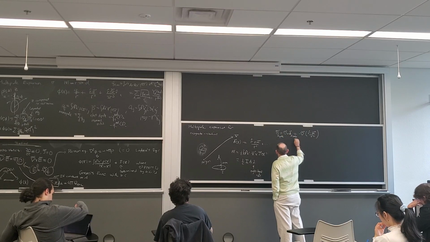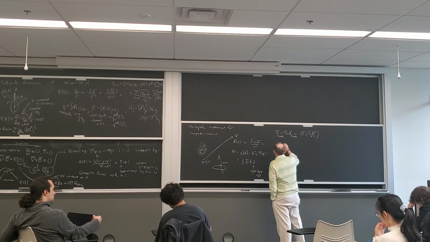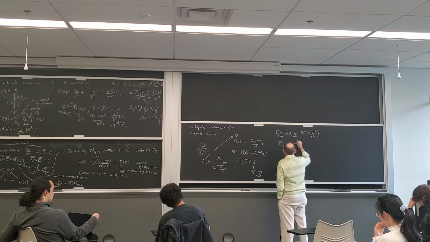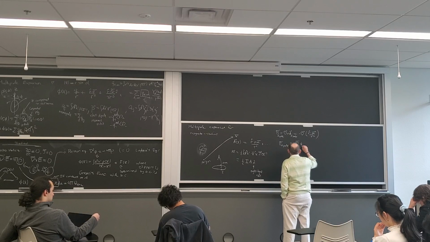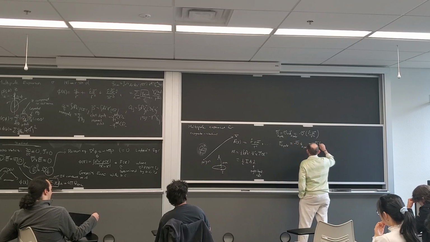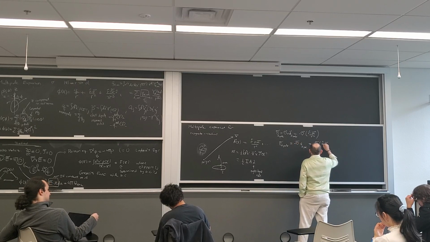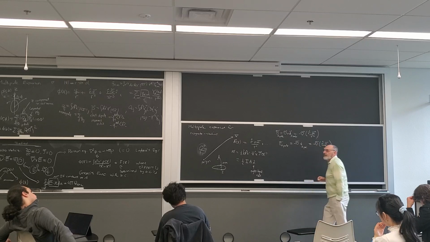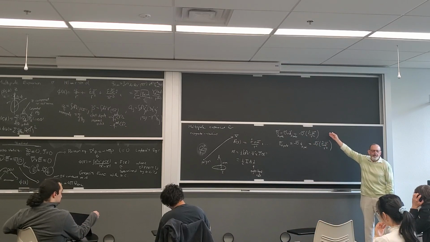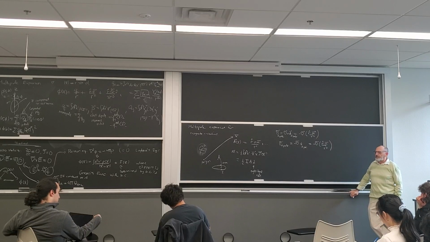The electric field of a dipole is minus the gradient of the scalar potential of the dipole. So they have the same form. The electric field of an electric dipole is the same as the magnetic field of a magnetic dipole.